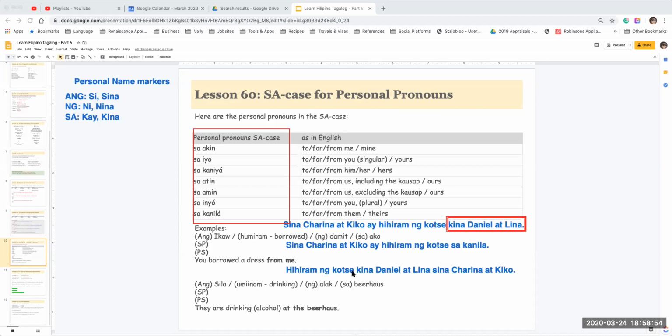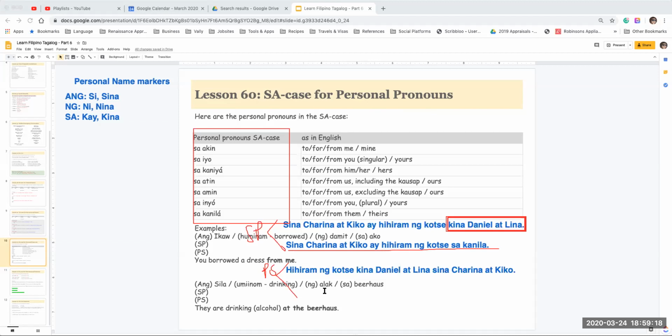Hihiram ng kotse kina Daniel at Lina sina Charina at Kiko. Remember, this is PS. This is SP. Both of these are SP, right? Now, I want you to make the PS version of this with the sa case pronoun.